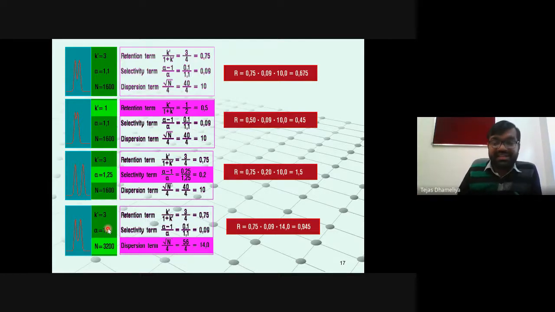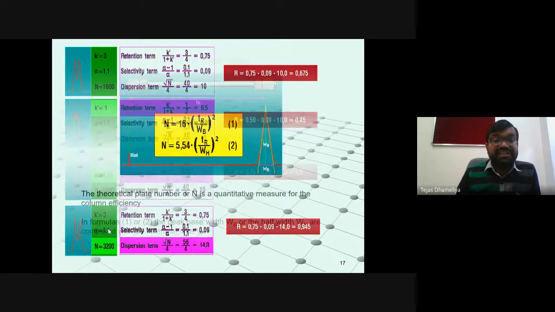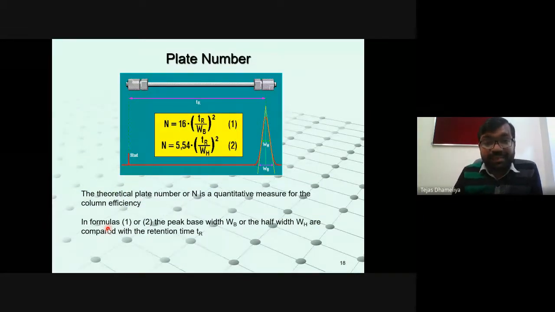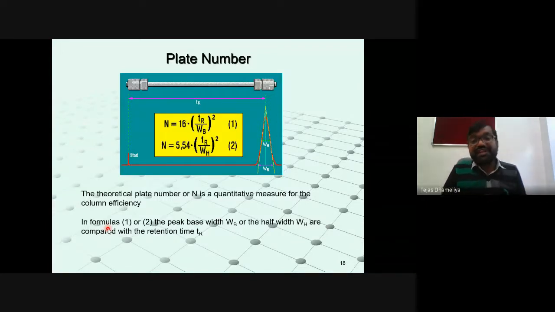So this is exactly what is called the number of theoretical plates. It is a quantitative measure for determining the column efficiency.